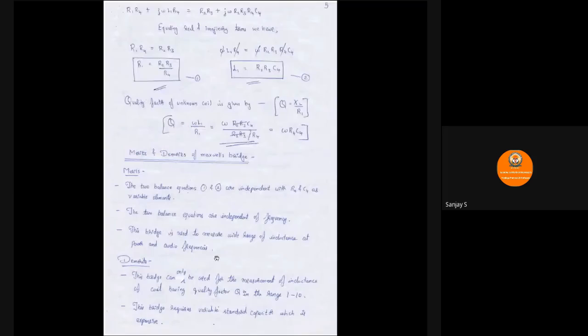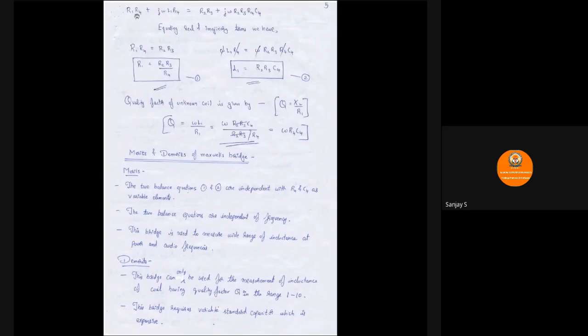Then we simplify this expression. We have R1 into R4 plus j omega L1 into R4 on LHS, and on RHS R2 R3 plus R2 R3 into j omega R4 C4. So R1 R4 plus j omega L1 R4 equals R2 R3 plus j omega R2 R3 R4 C4.